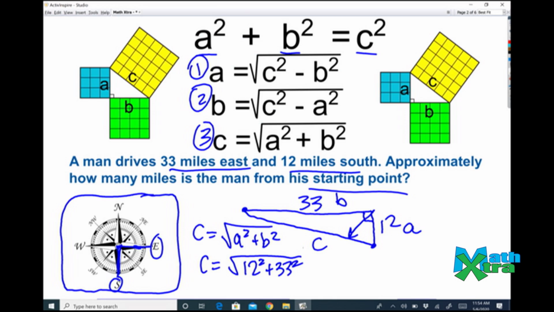The square root of 33 squared plus 12 squared, or 12 squared plus 33 squared, is equal to c, which is approximately 35.11, rounding to the nearest hundredth. So c is 35.11. What are our units? Miles. All right, so the Pythagorean Theorem can be found with finding distance.